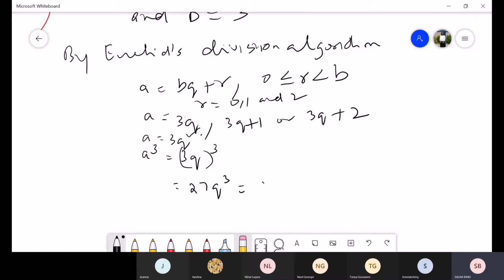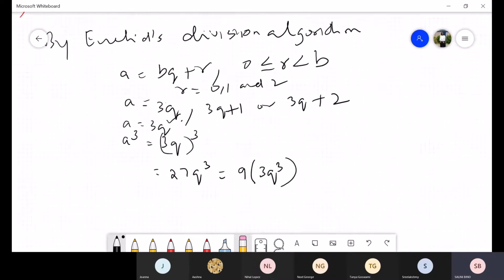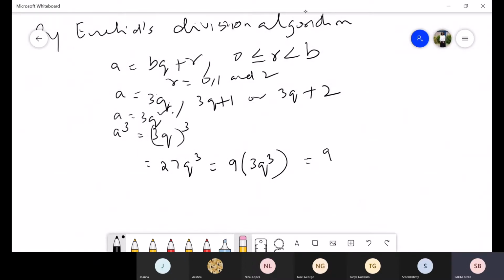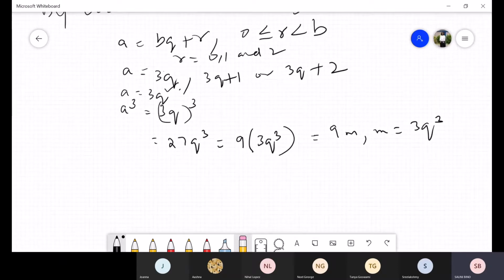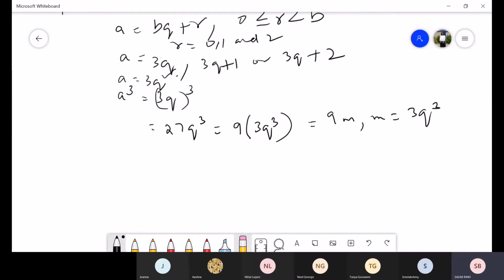So I'll take 9 outside the bracket, so that I get 3 cube inside the bracket, and therefore I can write it as 9m, where m equal to 3q cube. Look at the question. We have to express it as 9m, 9m plus 1 or 9m plus 8. Now one by one I will show you. First one is done. We got 9m.